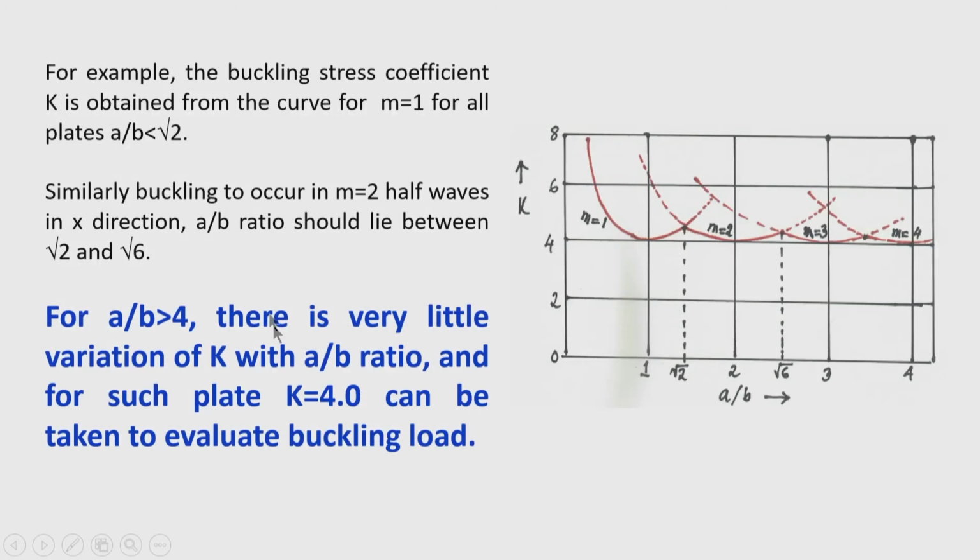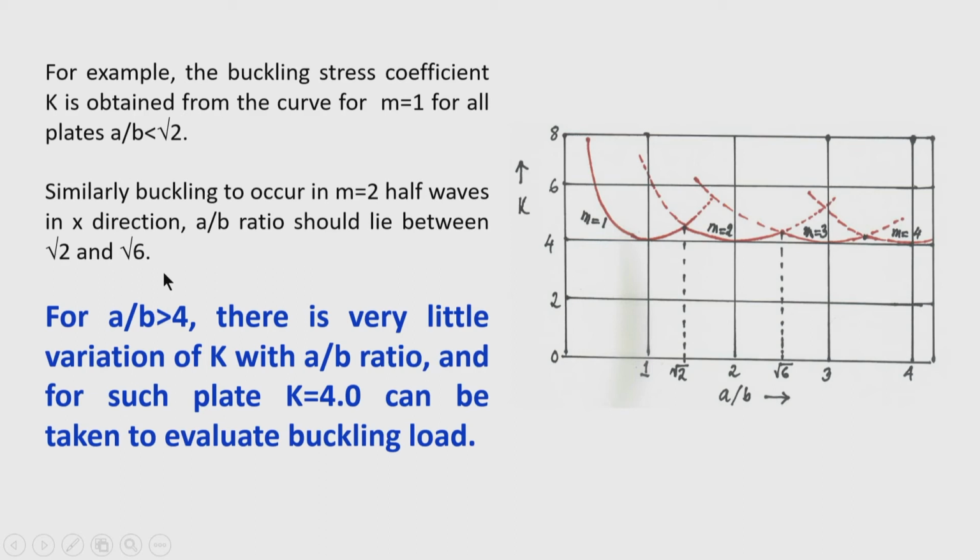Okay. So, for example, the buckling stress coefficient k is obtained from the curve for m equal to 1 for all plates with a/b less than root 2. So, for a/b less than root 2, the buckling stress coefficient can be obtained for m equal to 1. Similarly, for buckling to occur in m equal to 2 half waves in x direction, the a/b ratio should lie between root 2 and root 6.